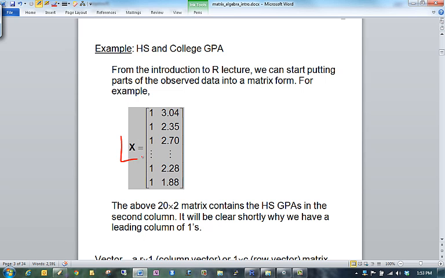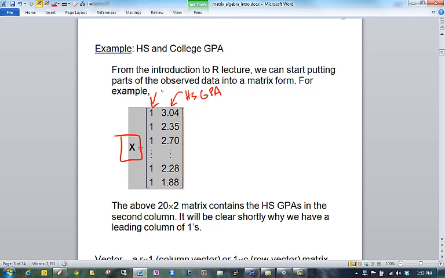I decided to call it my X matrix. Often people will verbally call this a design matrix in other settings.